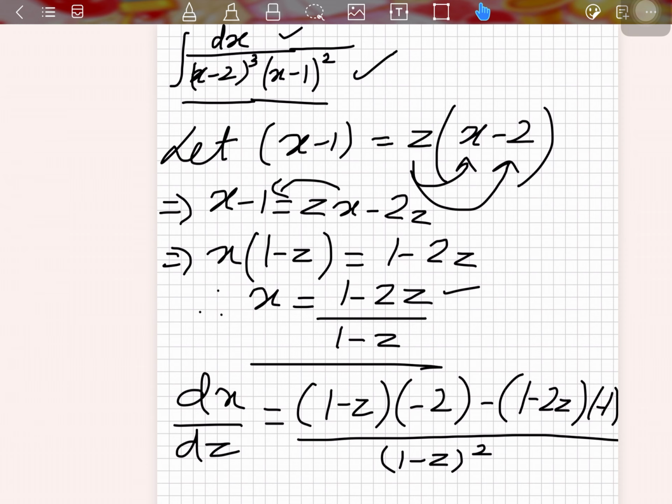So after this, let's send this dz over there, and then let's multiply things over here and here. So if you do that, the value of dx that you will get will be minus 1 over (1 minus z) whole square times dz, of course.